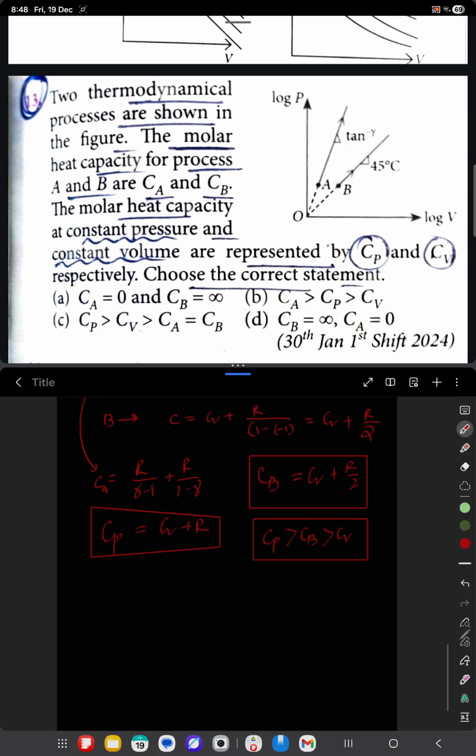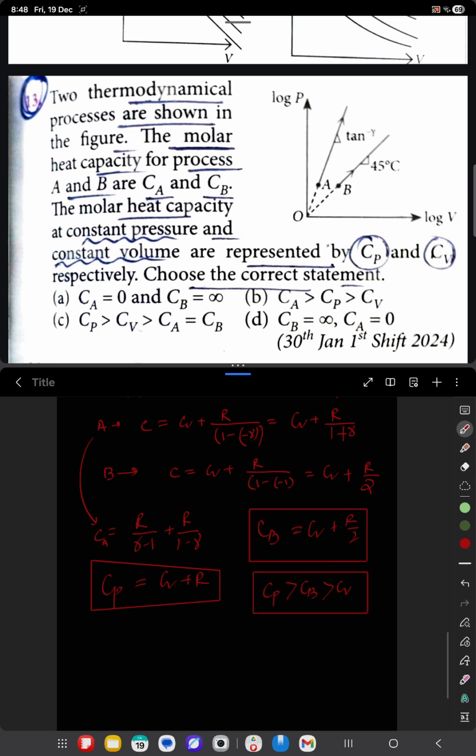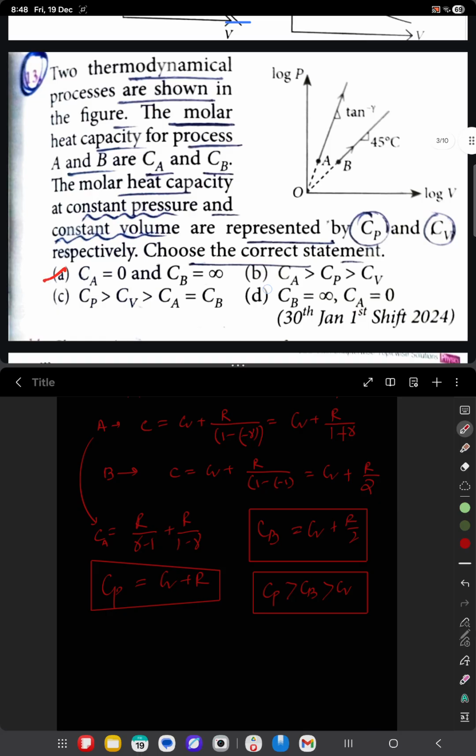So none of the options are correct, but in some books these two options are given as correct, but that will not be the answer. If the graph would have been log P versus log V, then you could get this one as the answer. But in the given scenario, none of the options will be correct.